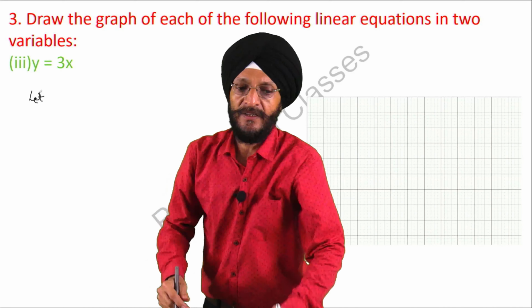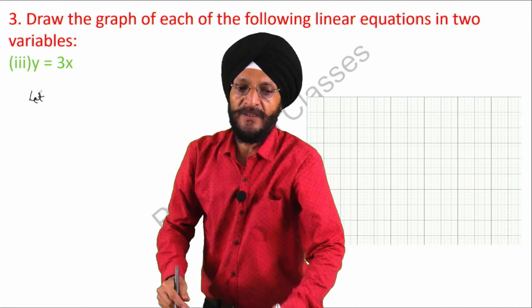Here we will assume x is equal to 0. Now what is the equation given? Equation given is y is equal to 3x. Then y will become 3 into 0, that is 0. Here we will form the small table where we will fill the values of x and y.